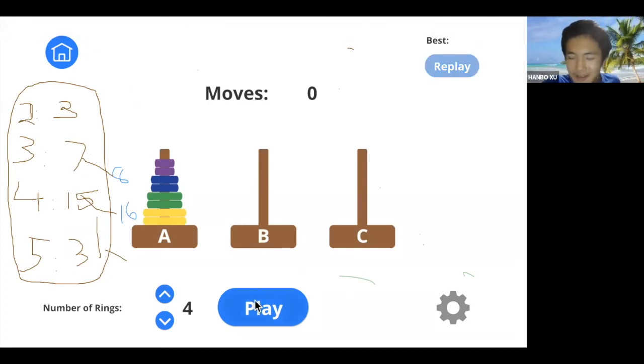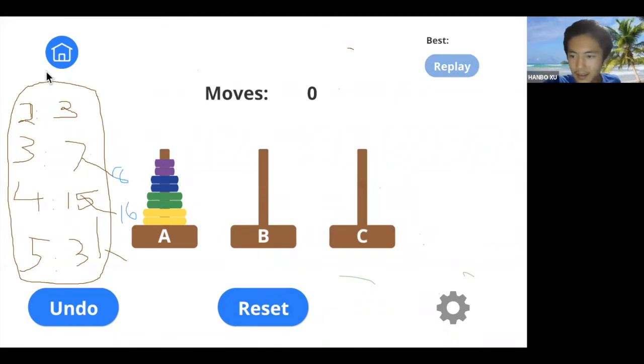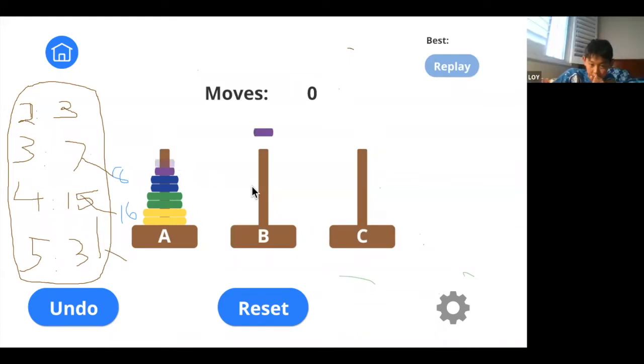Hey Lloyd, do you wanna try it out? Right, go ahead, Lloyd. Move the purple ring to the B ring. Move the other purple ring to the B ring. Move the blue rings to the C ring.